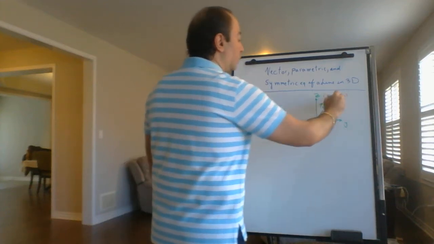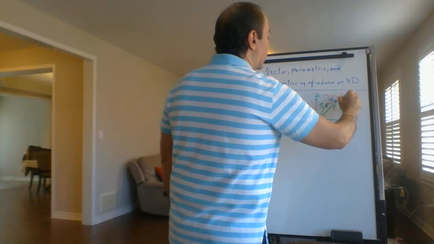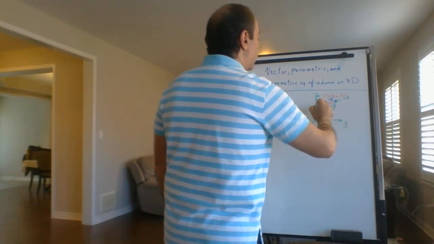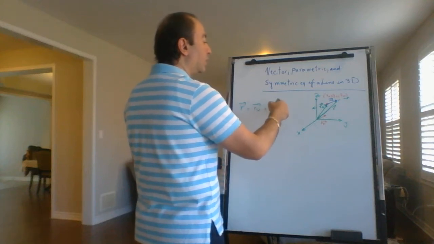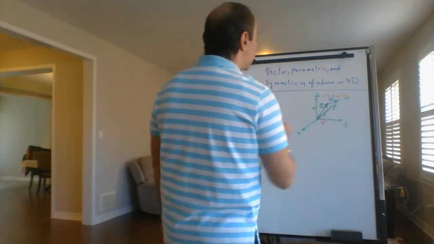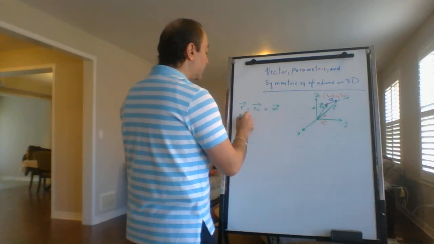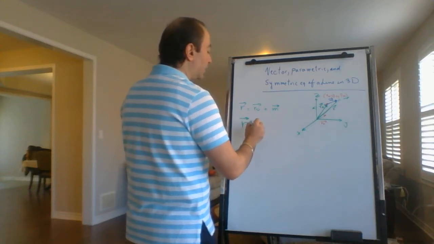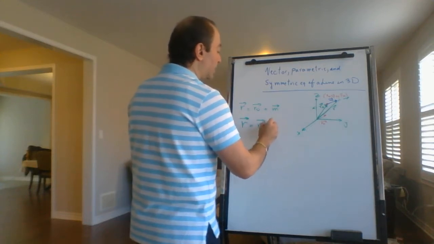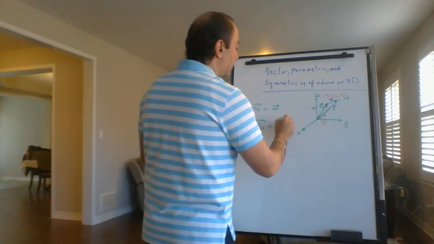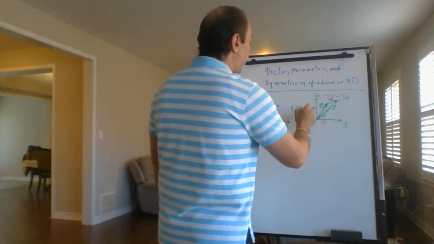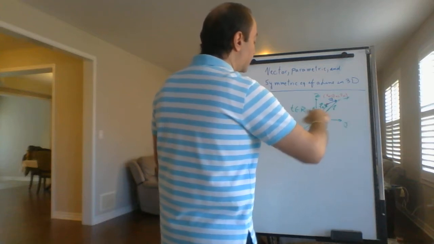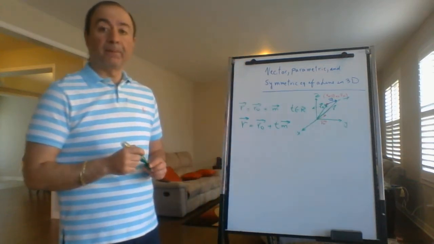And as I told you, if we keep going this way or that way, we change the number in front of m, we make it 2, 3, we continue getting points on the line. So in general, the vector equation of the line is r sub 0 plus t, where t is any parameter, any real number, times the direction vector m.